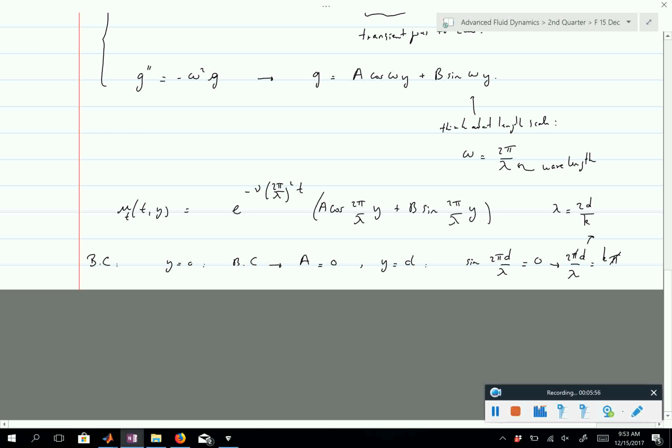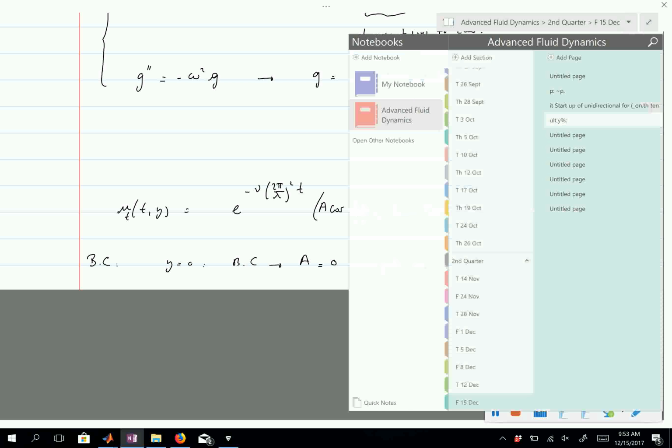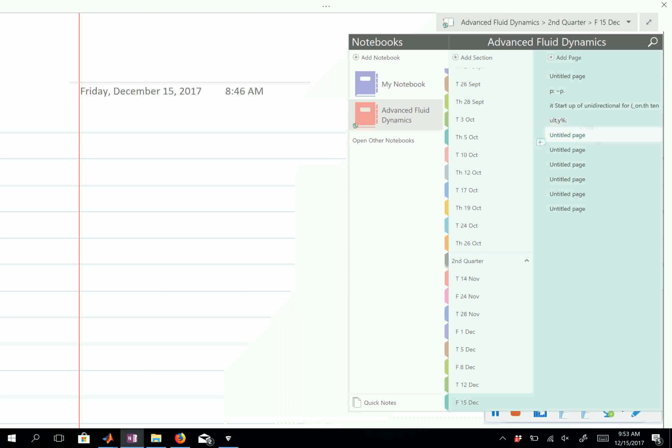So actually you can have many of these solutions, for all of the values of k. And as k increases, what happens to your wavelength? It decreases. So k increasing means components that are very zigzaggy, with a very high frequency. At this point I'm going to stop, because it's going to take too much time.